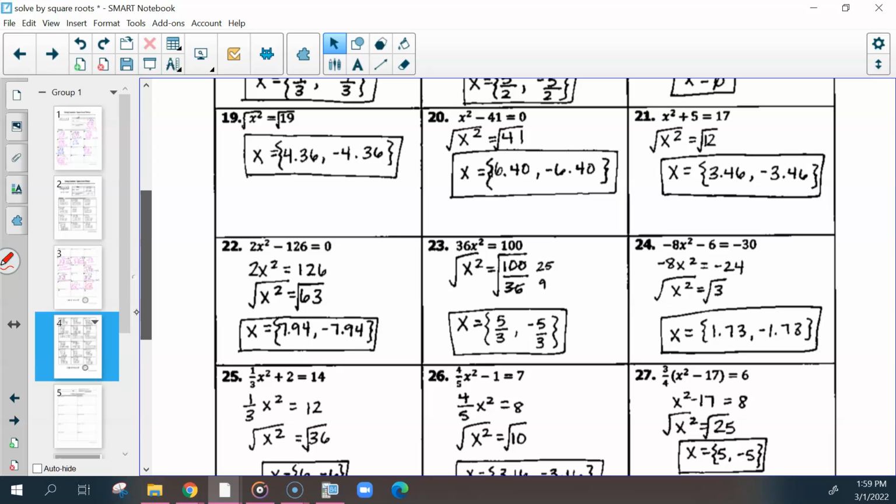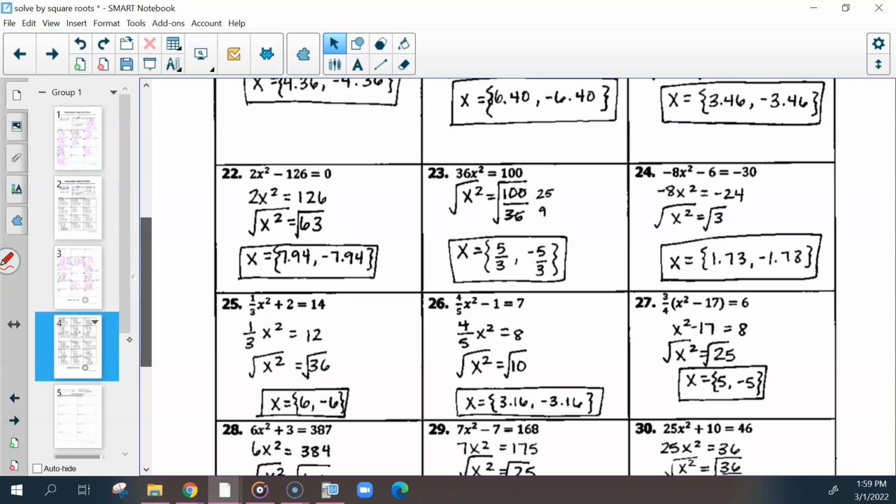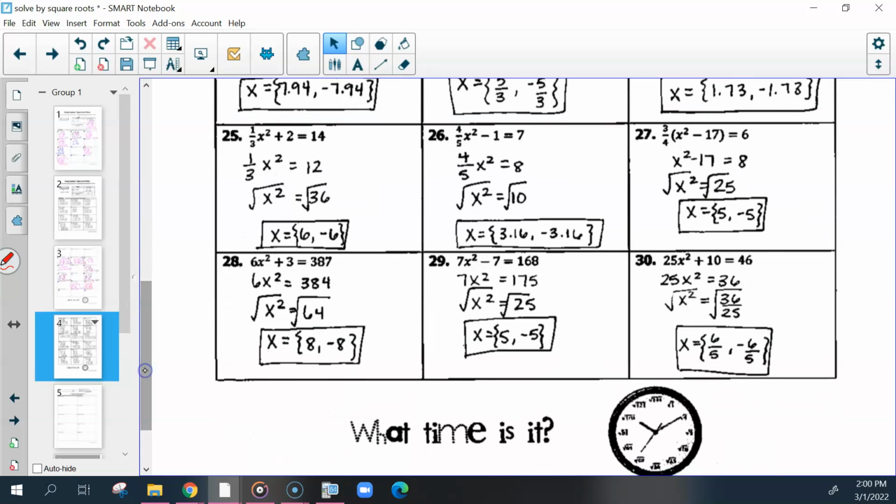So negative 5/3 and positive 5/3. 25 was negative 7.94 and whatever the third decimal was, and positive of that. 28 was negative 8 and 8. And then 30 was negative 6/5 and positive 6/5.